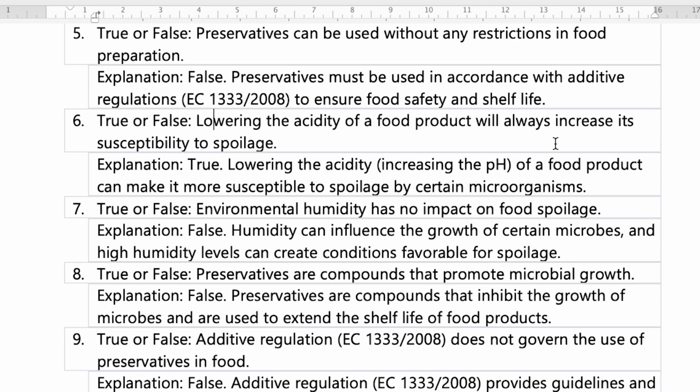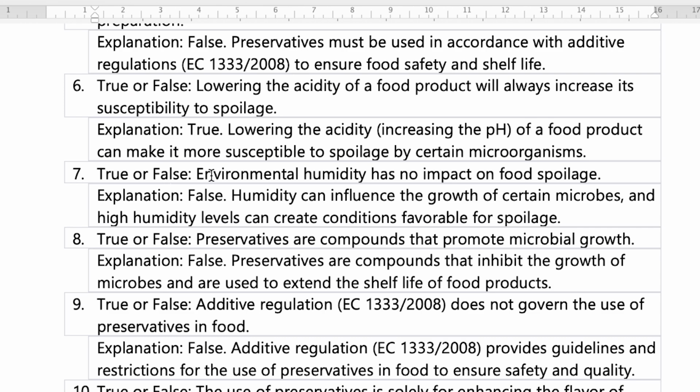So it means that it will spoil less. So here it is true, and you need to remember this. It is hard to explain, but this is an important question actually.